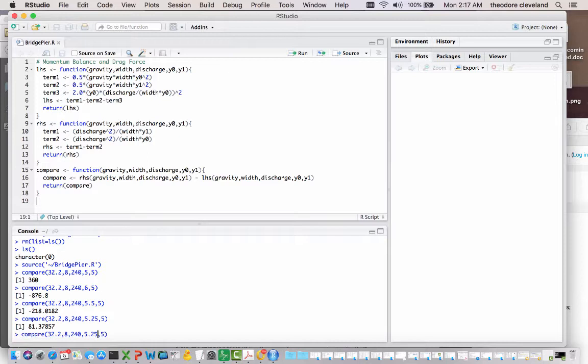Let's go to 5.37. Okay, it's between 5 1/4 and 5.37. Let's go to 5.3. It's between 5.3 and 5.37. It's between 5.3 and 5.32. 5.3195 and 5.32.